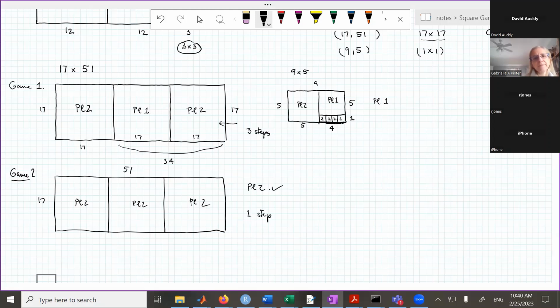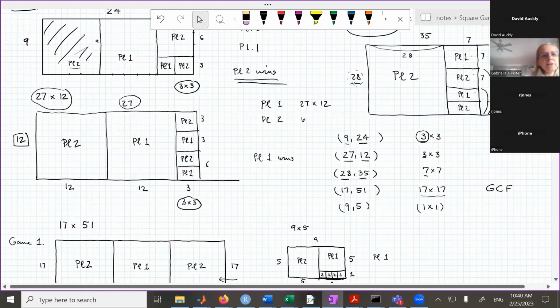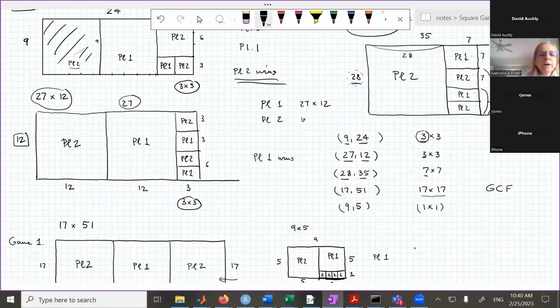And we can revisit the previous games, the 27 by 12, how many steps game 1 takes. Player 2 went 2, 3, 4, 5, 6 steps.